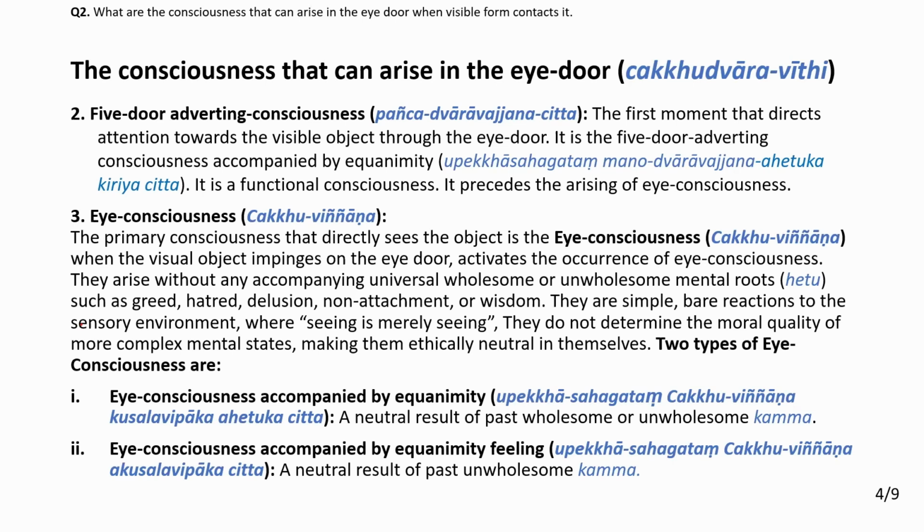The mano, it should be pancha dwara. I see, mistaken. You probably used cut and paste. My mistake. I also made such a mistake before. Okay, I'll correct that. Then we go up.